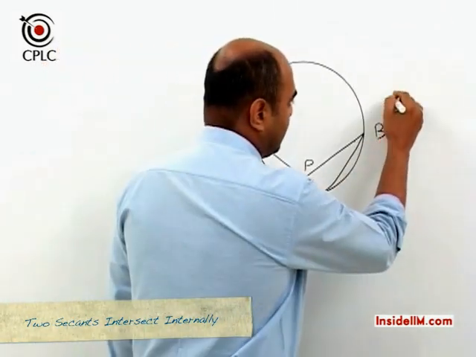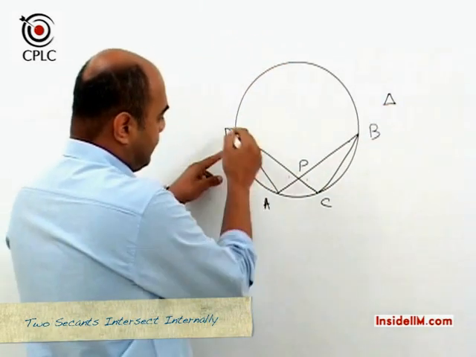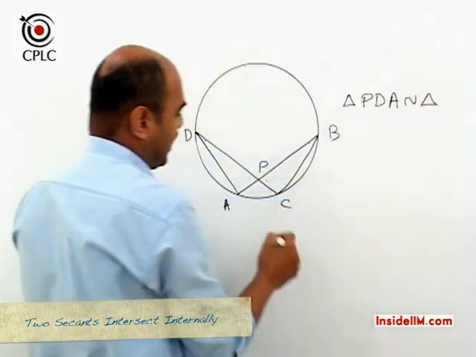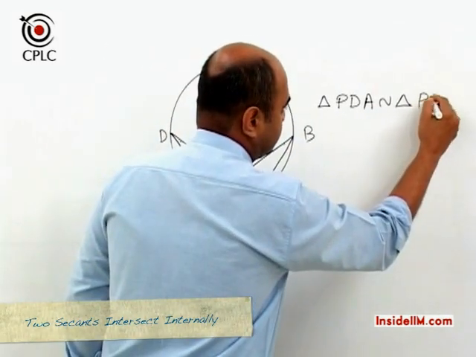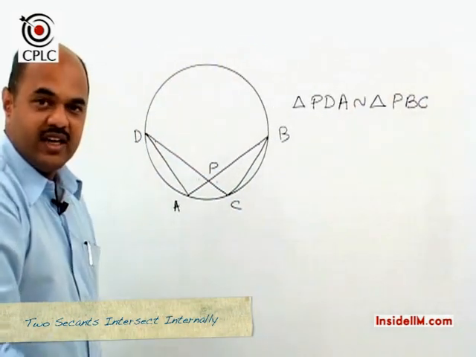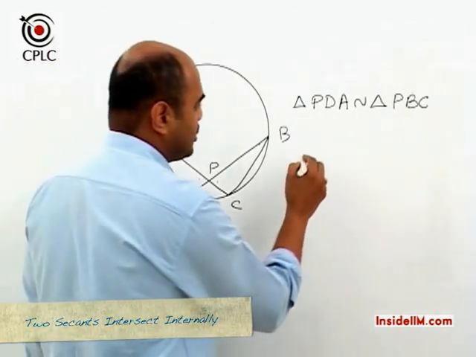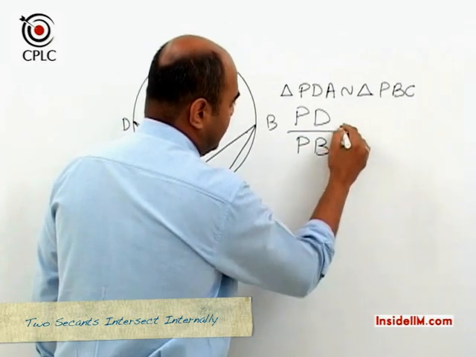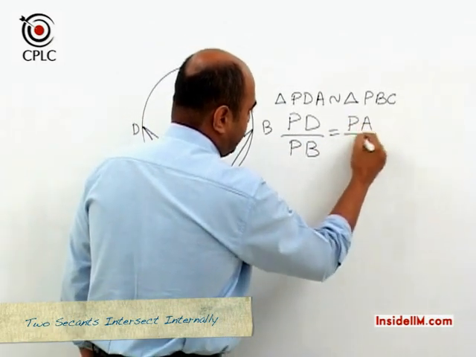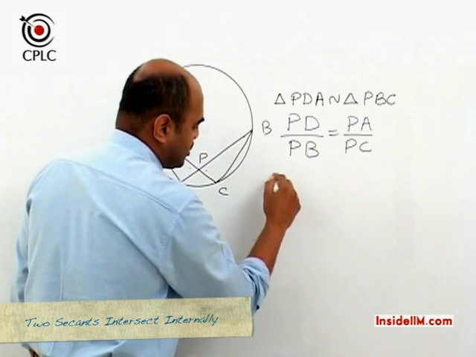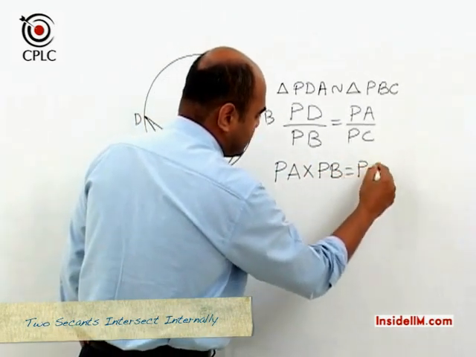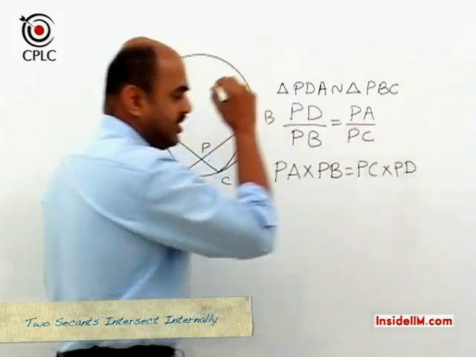So we would have triangle PDA similar to triangle PBC. And once again, if we write corresponding sides in proportion, we would get PD upon PB is equal to PA upon PC, and hence when we cross multiply we get PA into PB is equal to PC into PD.